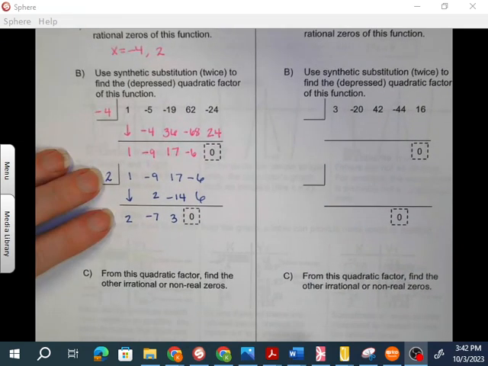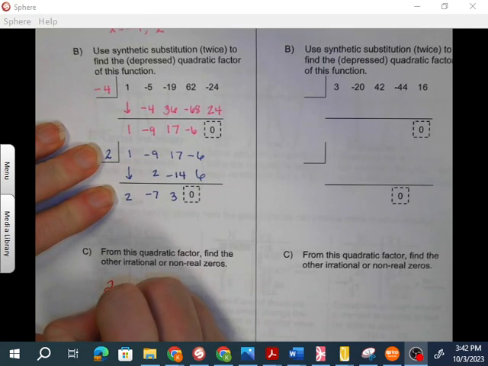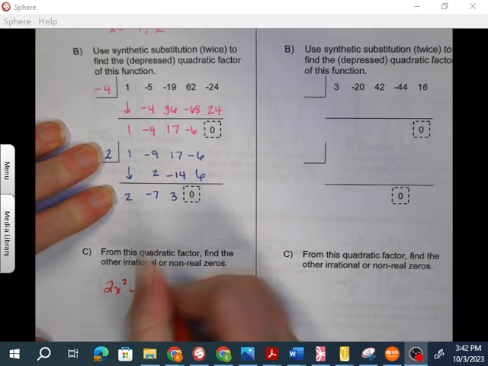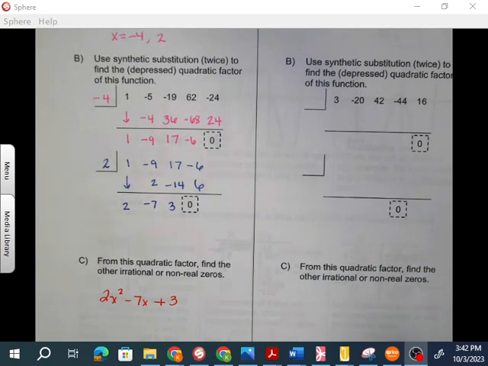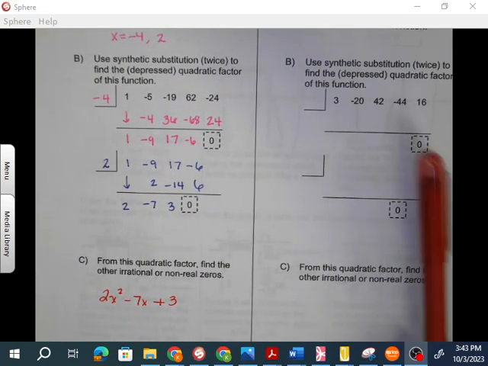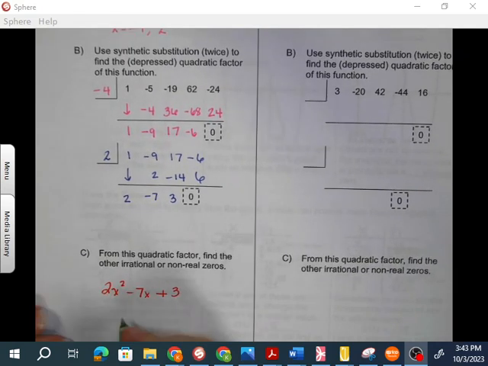All right, so this gives me my quadratic, 2x squared minus 7x plus 3. And now I'm going to use the quadratic equation to find my other zeros.